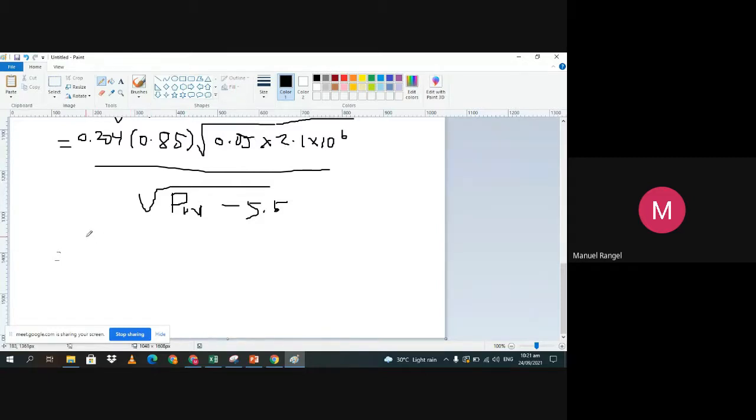So that is equal to 56.188 divided by the square root of Pn minus 5.5.